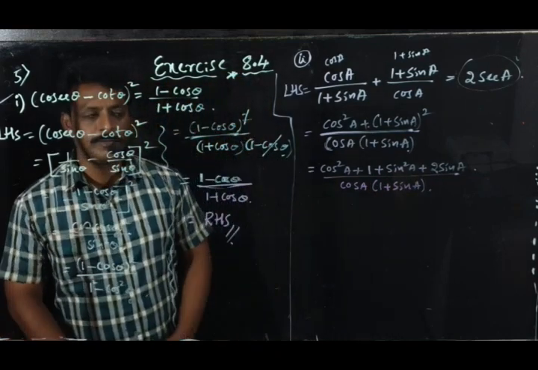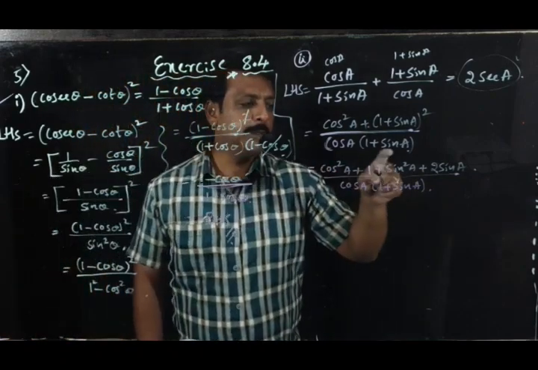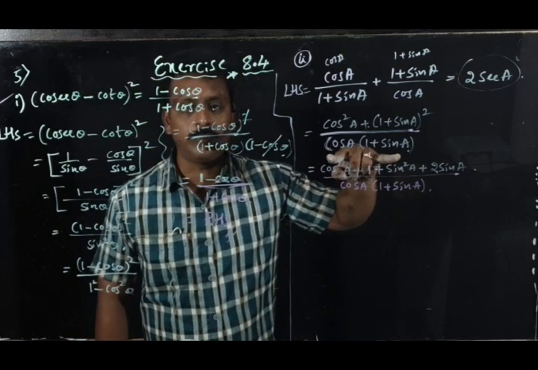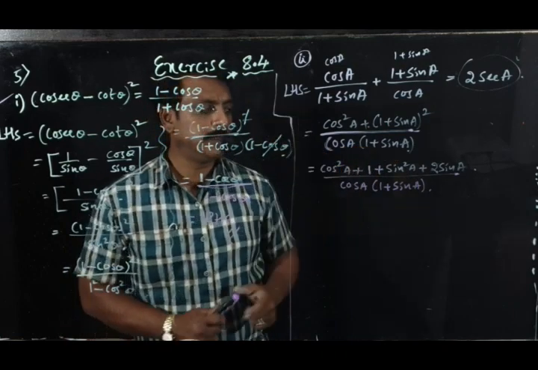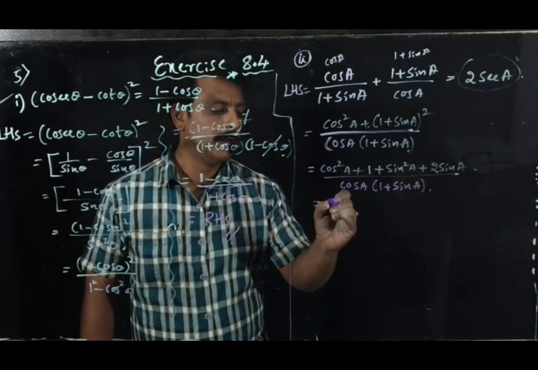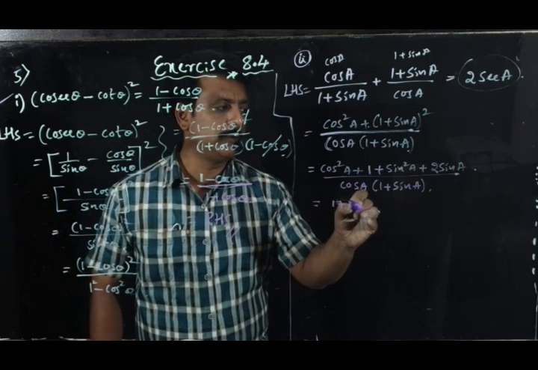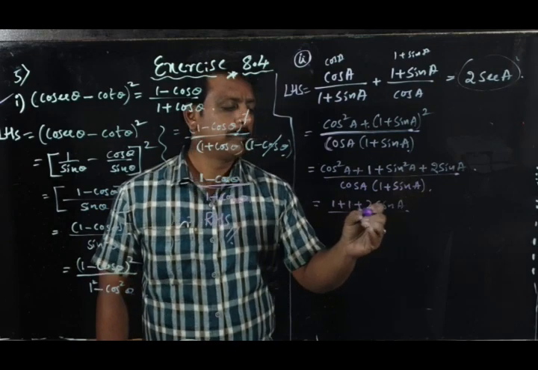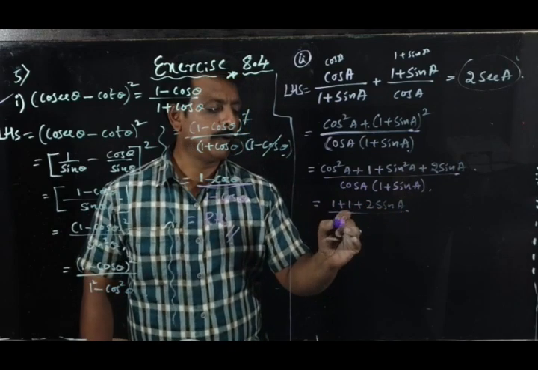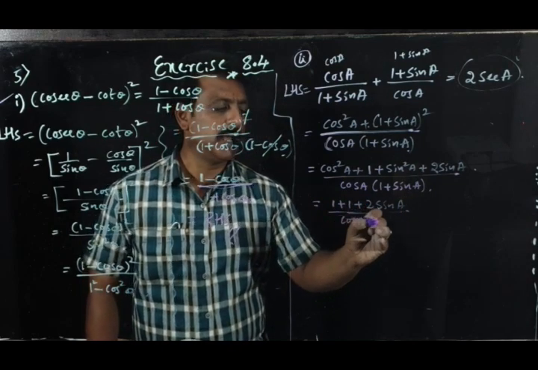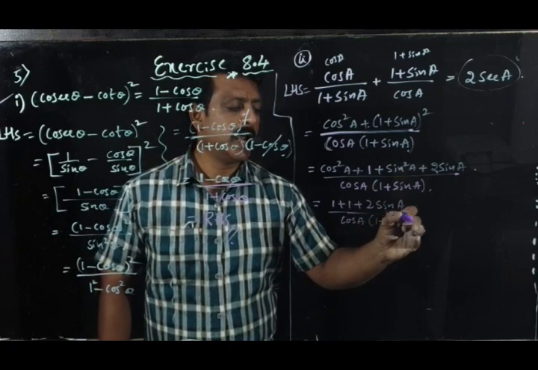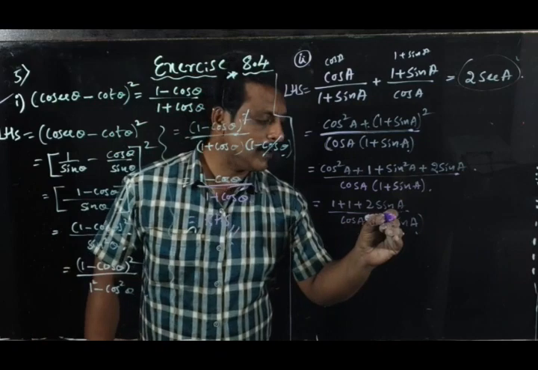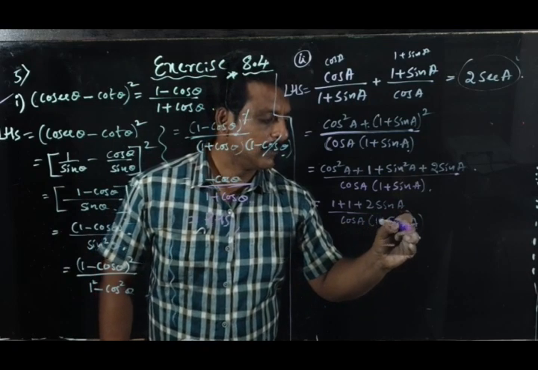Now all of you observe cos square A plus sin square A. This is an identity. Cos square A plus sin square A is equal to what? 1. And this 1 is also here. So 1 plus 1 plus 2 sin A, divided by cos A into bracket 1 plus sin A. I think you are not able to see it properly, so I am writing once again.